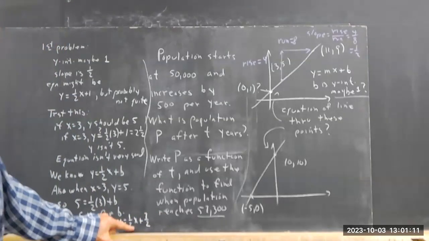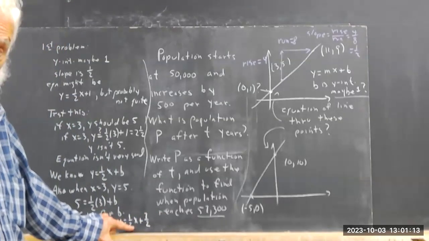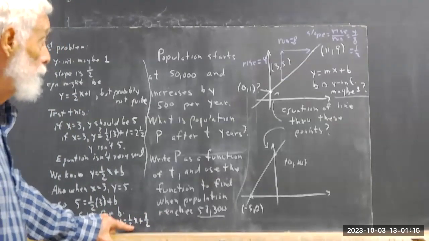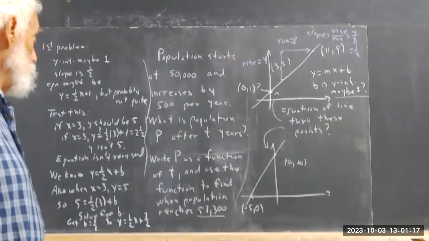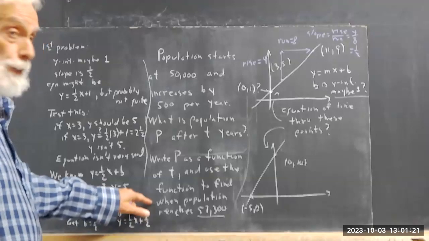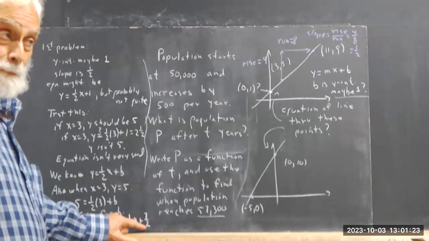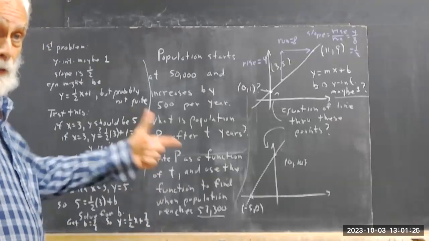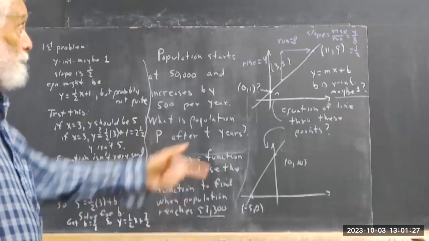So y equals 1/2 x plus 7/2. Then if we go back and plug in x equals 11, we get 11/2 plus 7/2. 11 and 7 is 18. That's 18/2, which is 9.